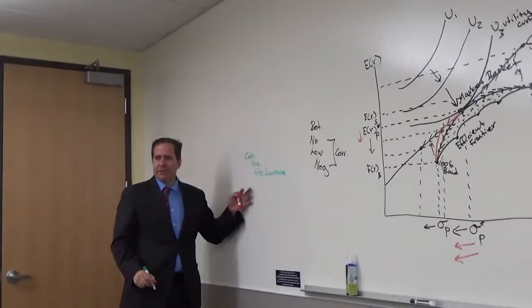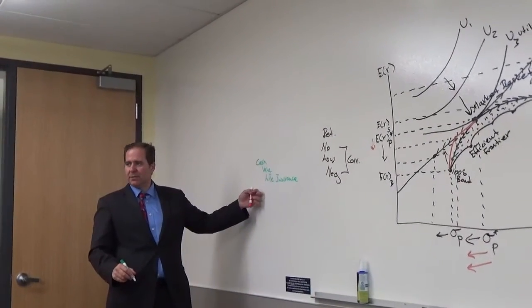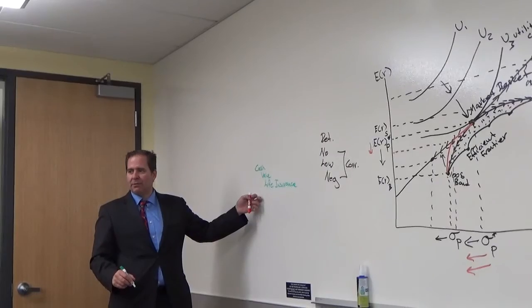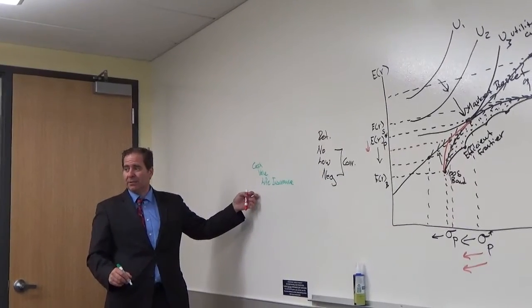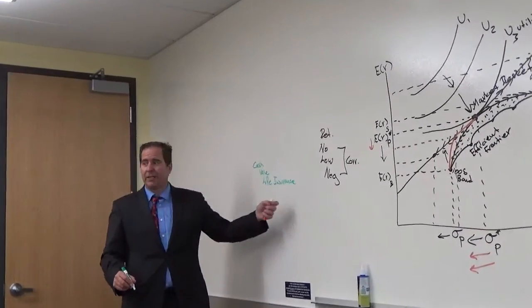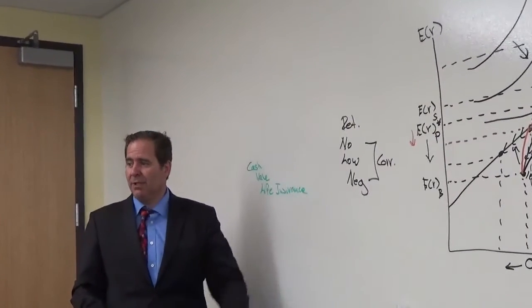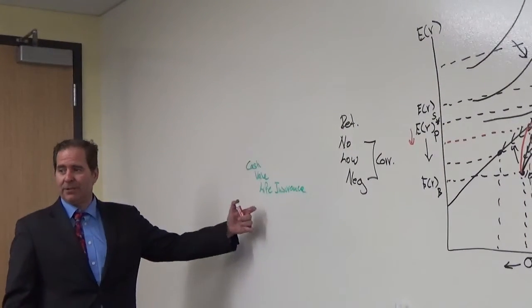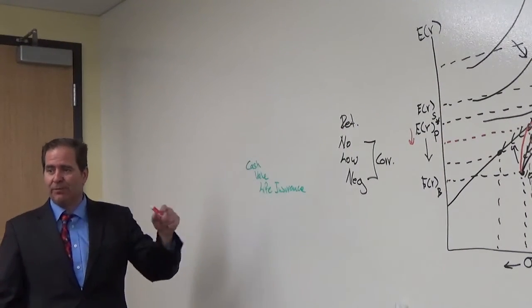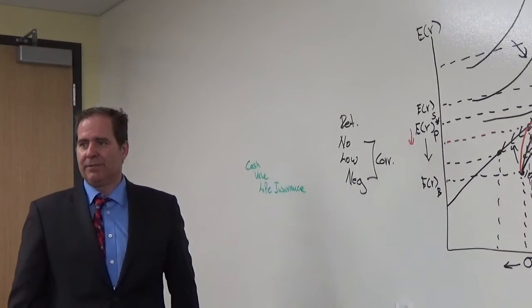Cash value life insurance, the dividends and the returns have no correlation whatsoever with stocks and bonds, really. So they have low or negative correlation in the returns to stocks and bonds. So if you add cash value life insurance to your stock bond portfolio, it will bow out the efficient frontier.